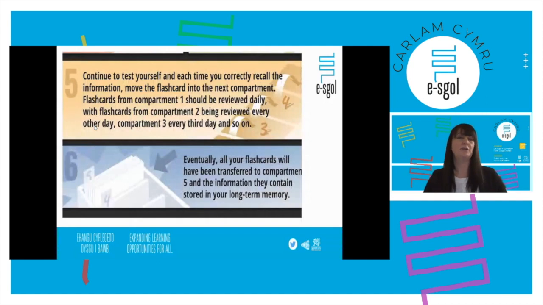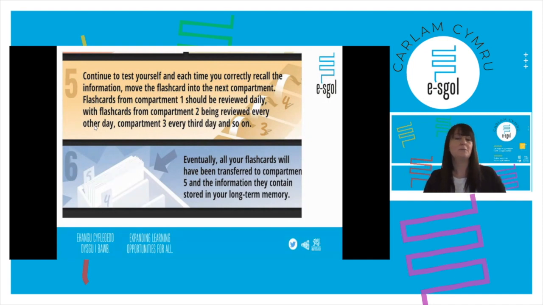And then what you would do is continue to test yourself. And each time you correctly recall the information, you move the flashcard into the next compartment. So everything in compartment 1, you should be looking at daily. In compartment 2, every other day, compartment 3, every third day, and so on and so forth. By the end, you will have all your flashcards in compartment 5, and the information is then stored in your long-term memory.